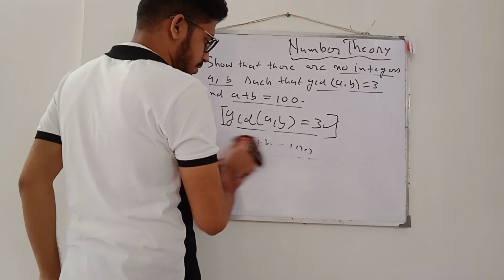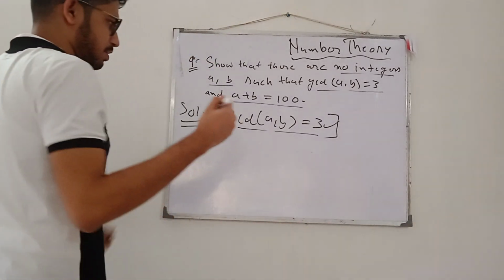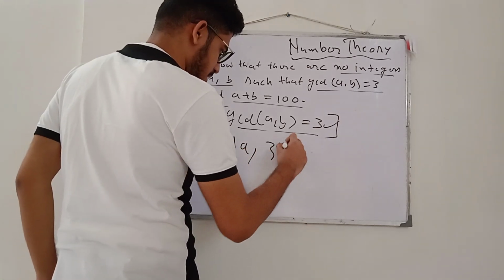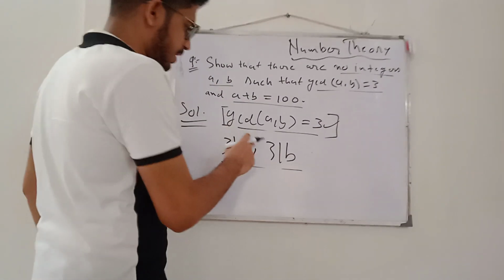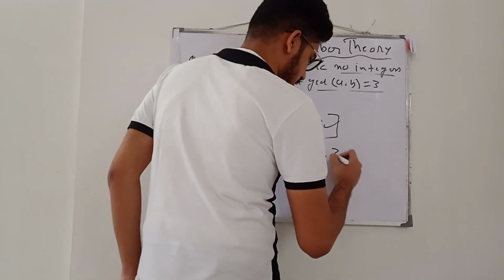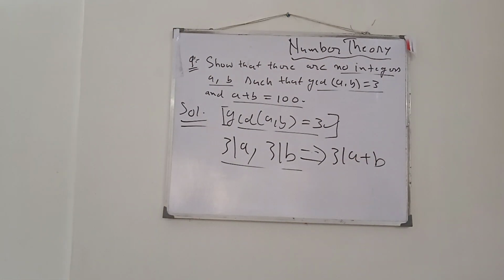So suppose gcd(a, b) is equal to 3. It means 3 divides a and 3 divides b. So if 3 divides a and 3 divides b, we can say that 3 divides a plus b. Okay, 3 divides a plus b.